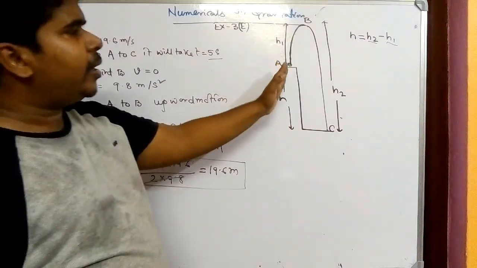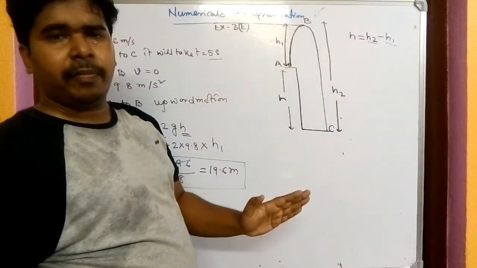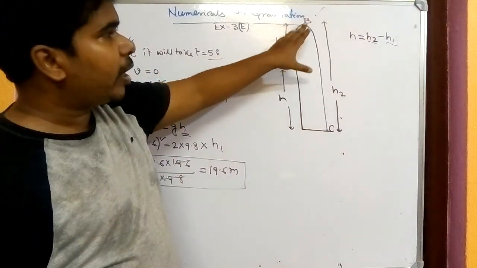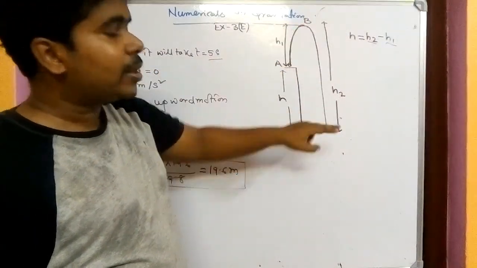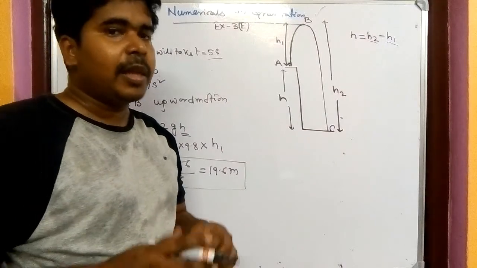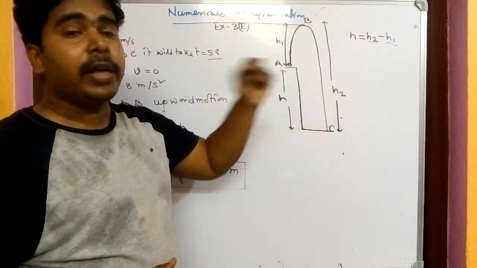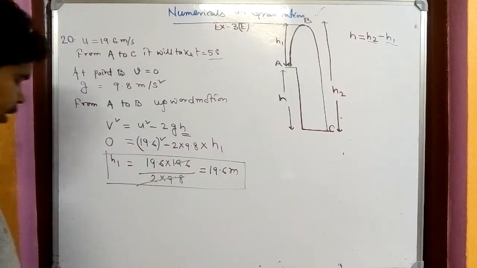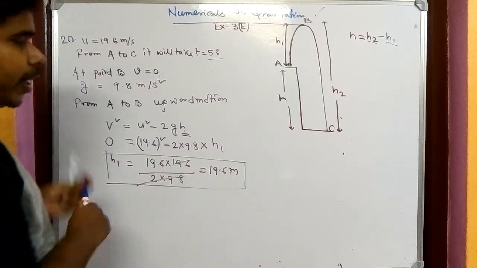If I find the time from A to B, then I can subtract it from 5 seconds and find how much time is taken from B to C. Then it is easier for us to find the value of h2. So our next target is to find the time from A to B.